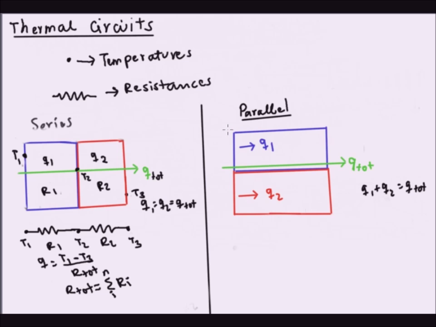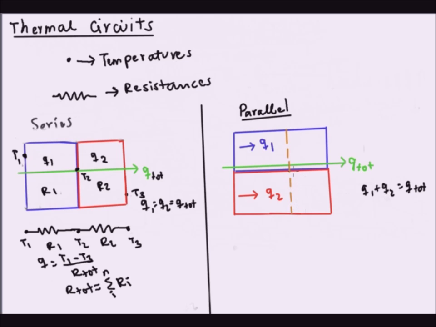So you would have 2 temperature nodes as opposed to 3 temperature nodes because there are only 2 cross-sectional areas to the heat rate, as opposed to here where you have also that interface area. Notice that here this interface area won't mean anything because our isotherms are cross-sectional surfaces to the heat rate, and in order to have just a horizontal heat rate, we cannot have any temperature gradients in the vertical direction.